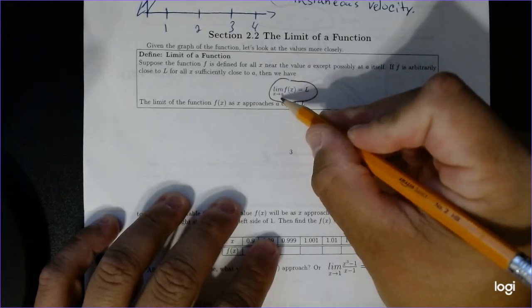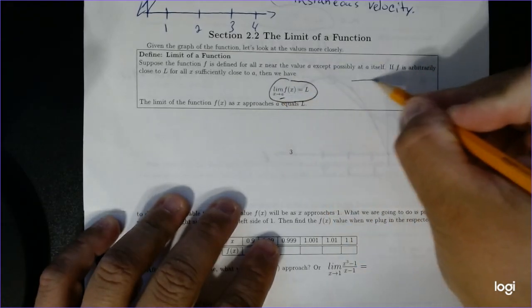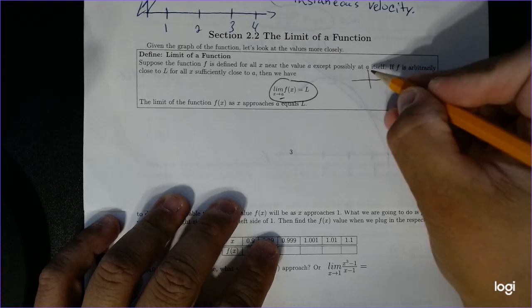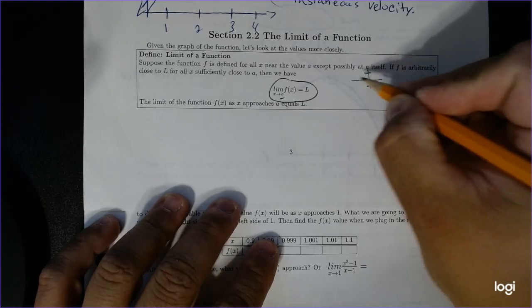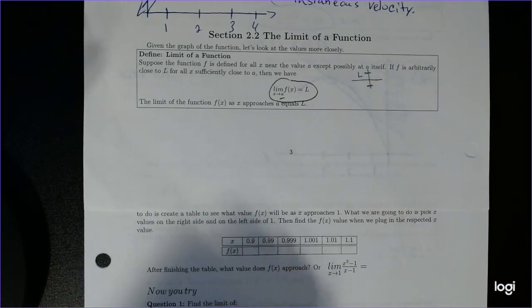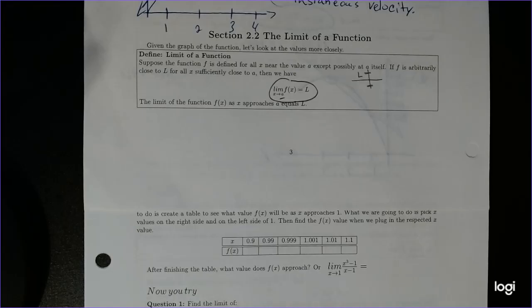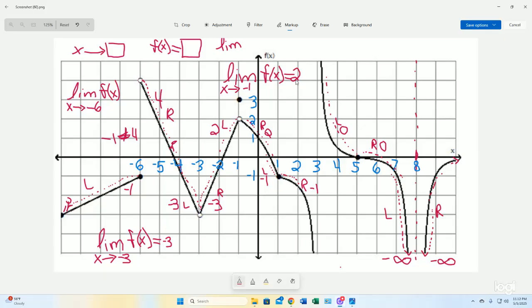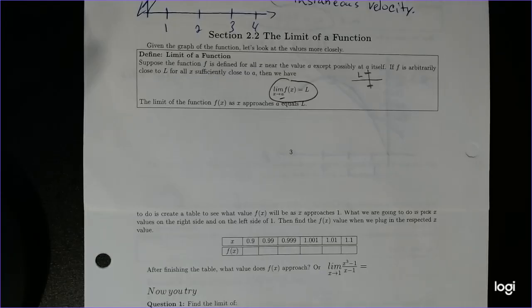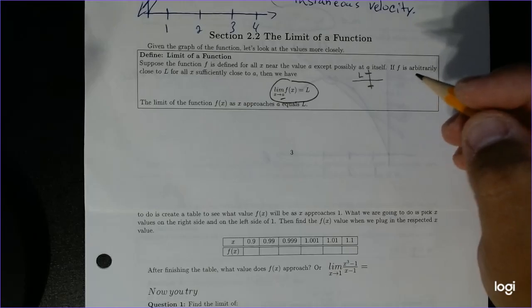While x approaches a number on the x-axis, I want to figure out what the y output is, and that y output is actually L. So in our examples earlier, the L would be 2 and negative 3. And I could keep going here and there as well. So that's the actual definition of what a limit represents to a function.